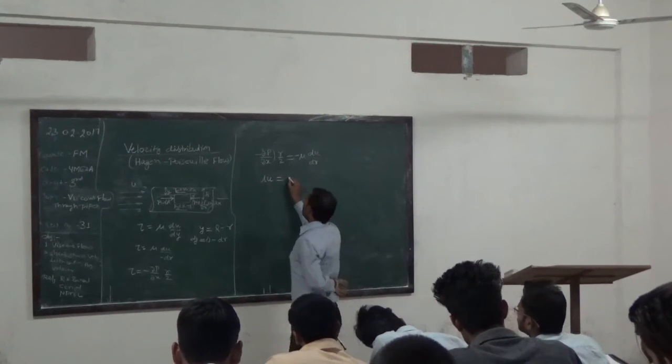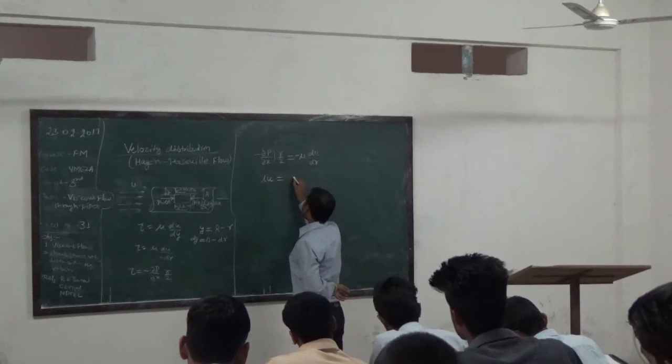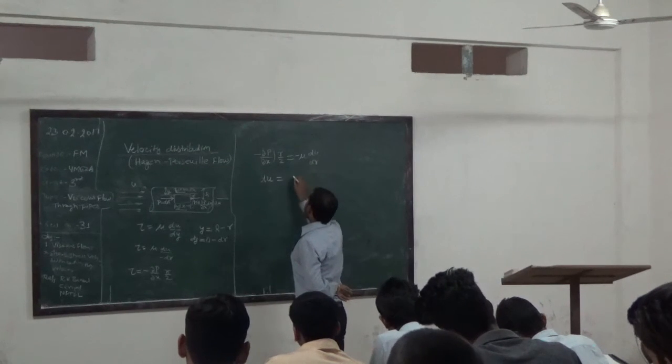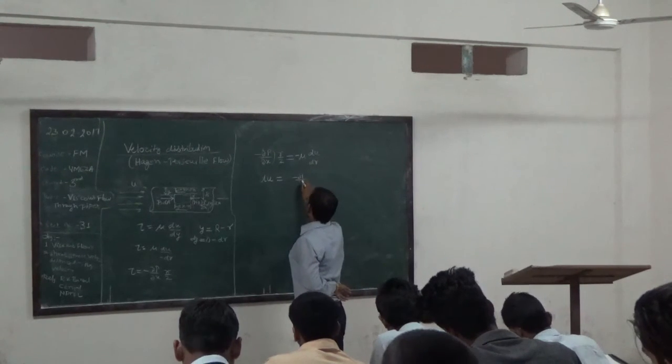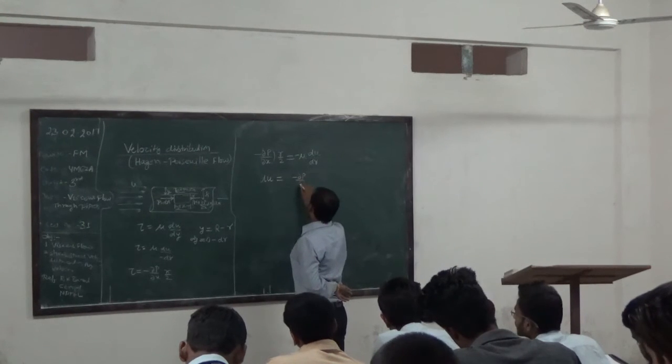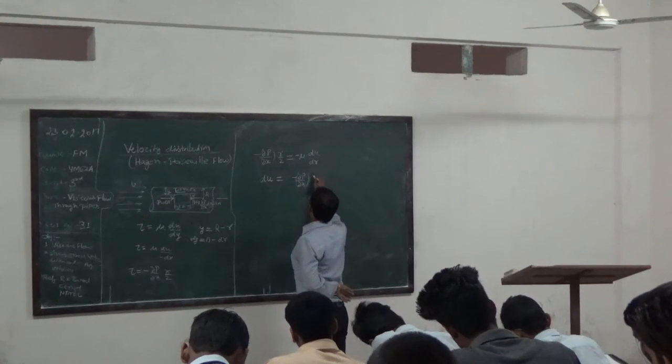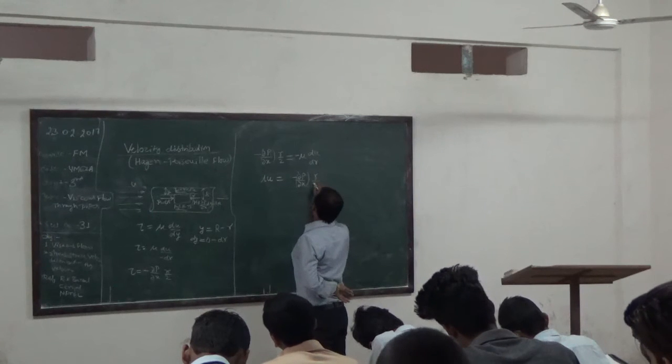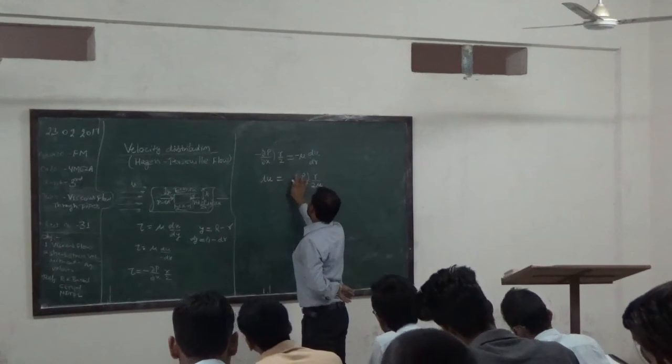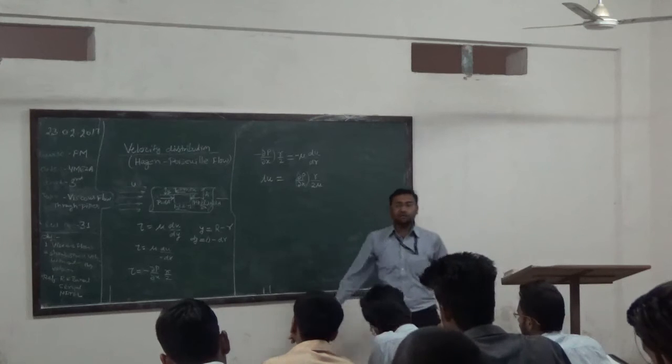Now this equation will become du is equal to minus del p by del x into r by 2 mu, and minus and minus get cancelled out.